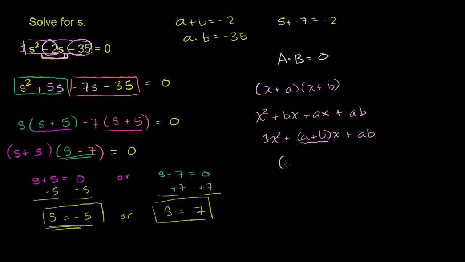So we could have factored it straight to s plus 5 times s minus 7, and of course, that whole thing was equal to 0. That would have been a little bit of a shortcut, but factoring by grouping is a completely appropriate way to do it as well.